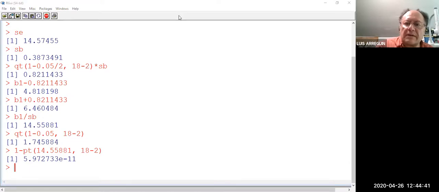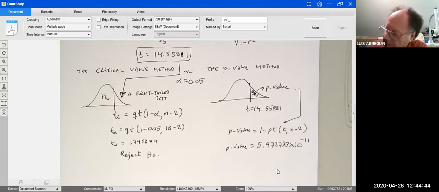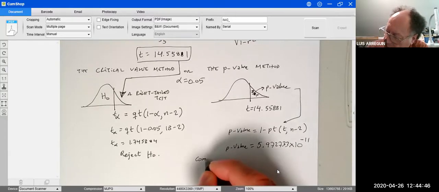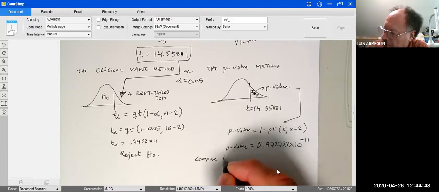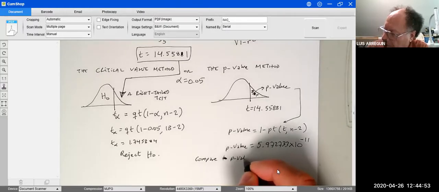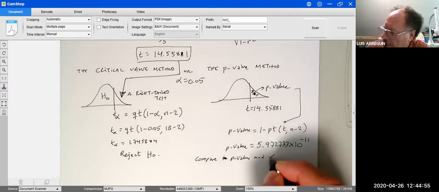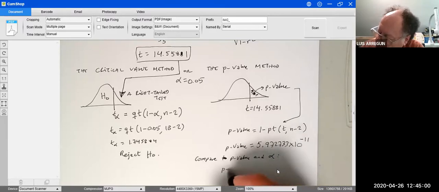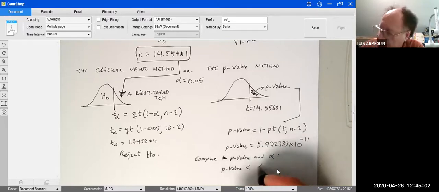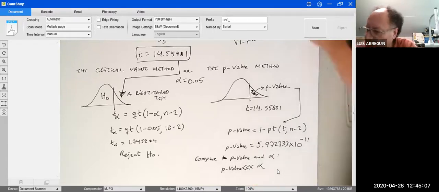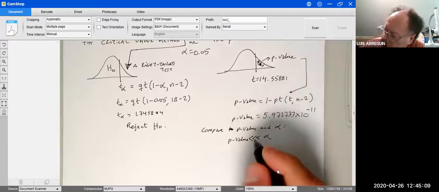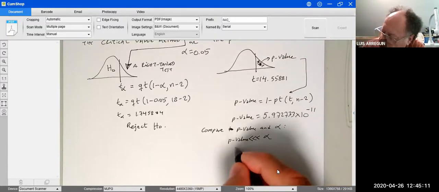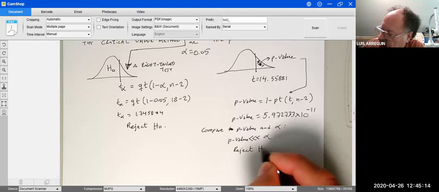So then the final step is that you're going to compare the p-value and alpha. You can see here that this is a very small number, so your p-value is less than alpha, much less. It's very small. So it's a strong support for your decision of rejecting the null.